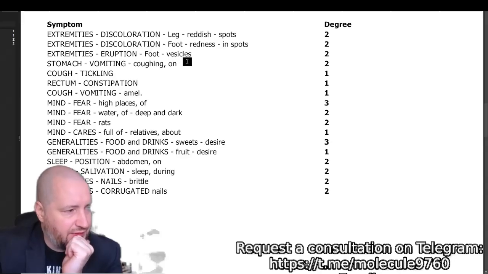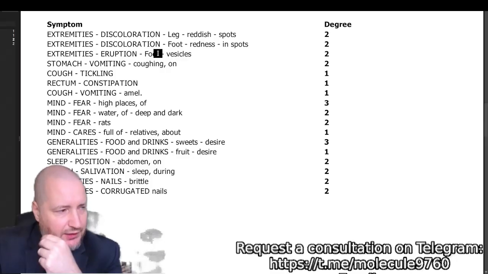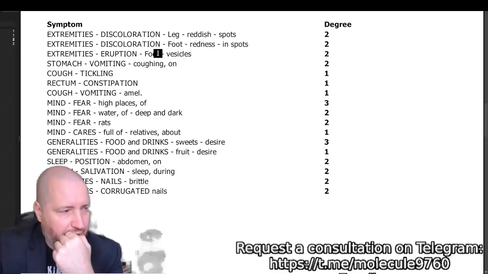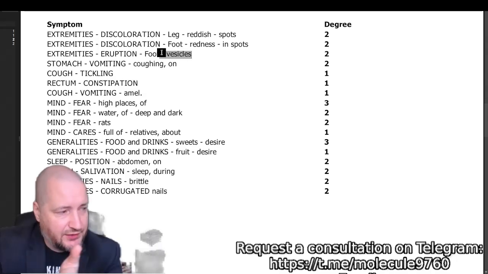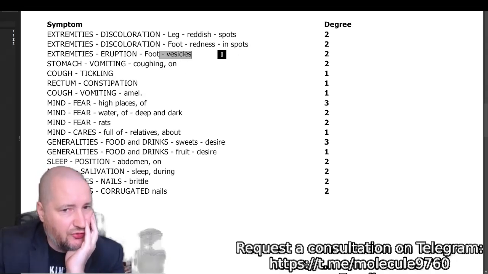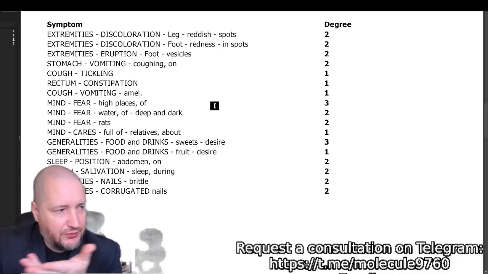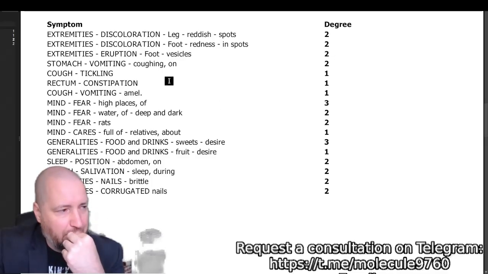So I had a patient visit me who had skin problems on her foot, on her legs. She had vesicles, little reddish spots, red vesicles. These are actually the list of symptoms I took from the patient, right? So nothing special here.